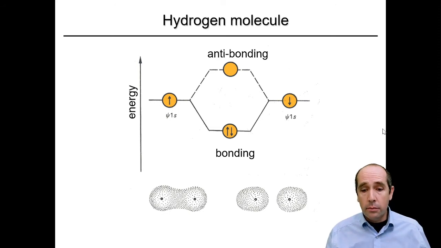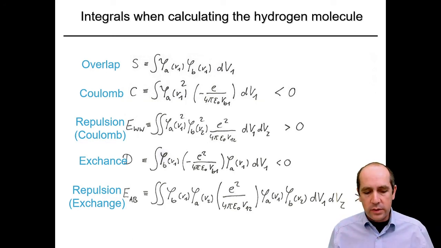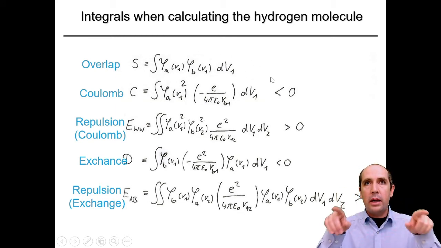Okay, if we do all the quantum mechanical math properly, here are all the integrals that come out when you calculate the energy and all the terms that come into the energy of the different states. And as you can see, from the second to the last line, they are all basically terms that directly involve the charge-mediated interactions. So all of them involve charges, but this term S only involves the overlap of the two electronic wave functions.